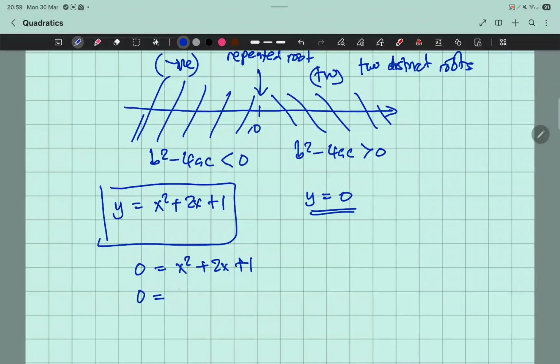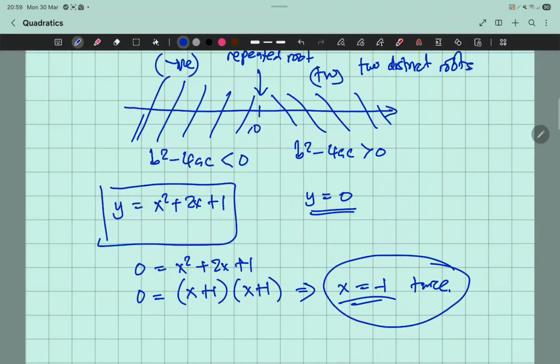This factorizes to x plus 1, x plus 1. So that means x equal to negative 1 twice. This is an example of what we were saying, repeated roots.